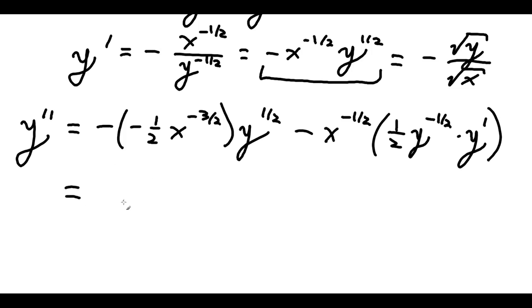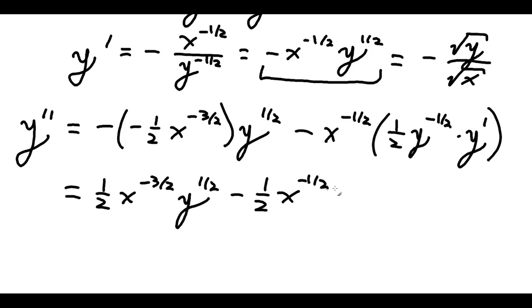So, cleaning this up a little bit, we have positive 1/2, x to the negative 3/2, y to the 1/2, minus 1/2, x to the negative 1/2, y to the negative 1/2, times y prime.